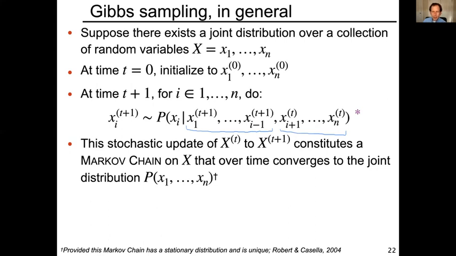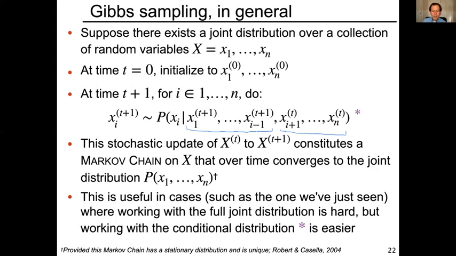In our setting, this is useful because in many cases, such as this one, it's difficult to work with the full joint distribution, but much easier to work with the conditional distribution where we're conditioning on most values and just dealing with uncertainty in the value of one or maybe a few.